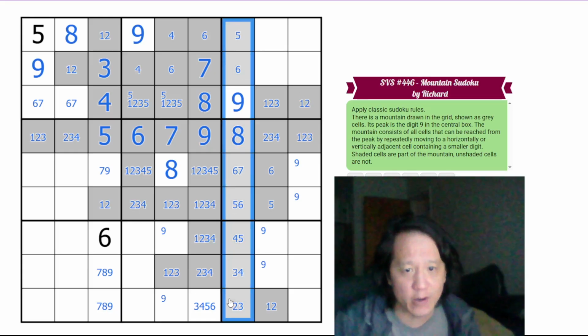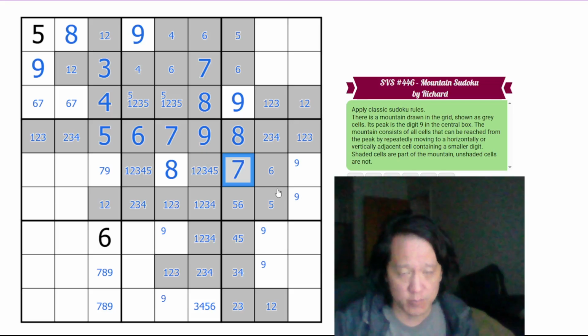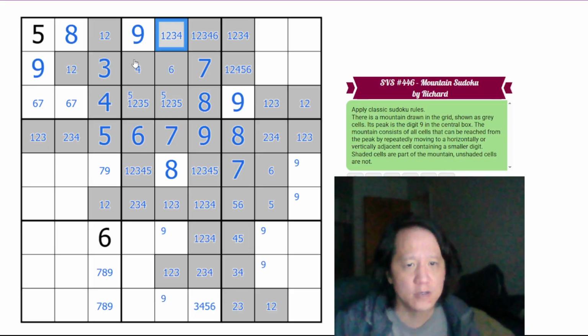Okay, so then where is the 7 in column 7? It has to be here because there's no other place for it. This is 1, 2, 4, 5, 6. This is 1 through 5. Can't be 5 though. There's a 5 in the row. This could be 1 through 6 without the 5. This is 1 through 4. 1, 2, and 4 here, potentially.